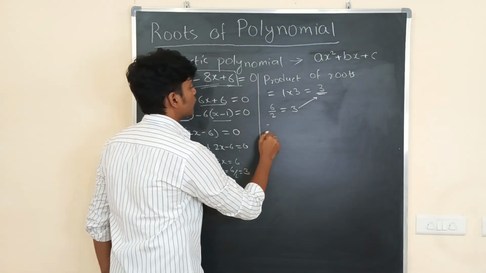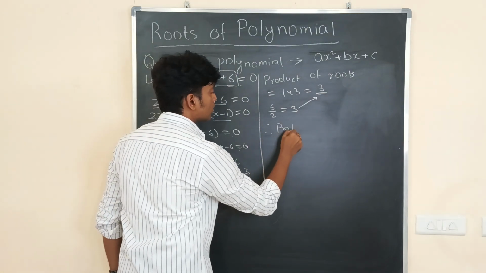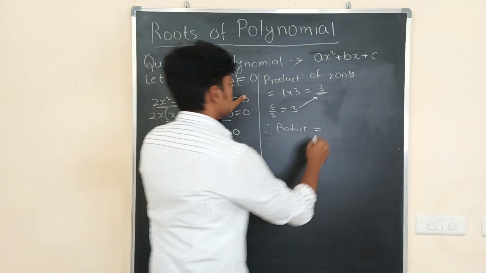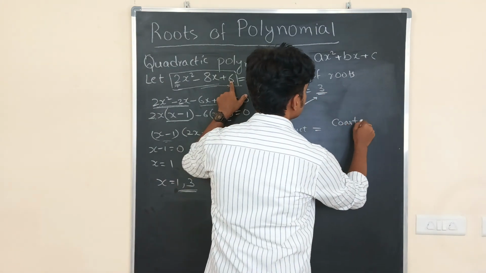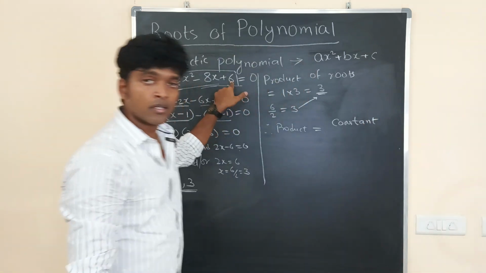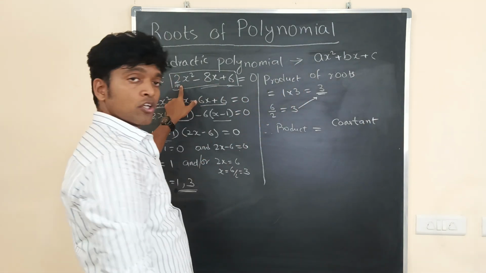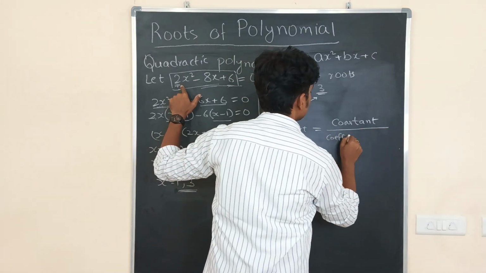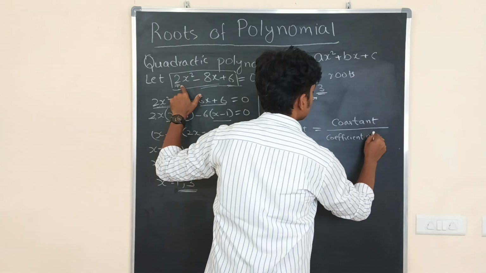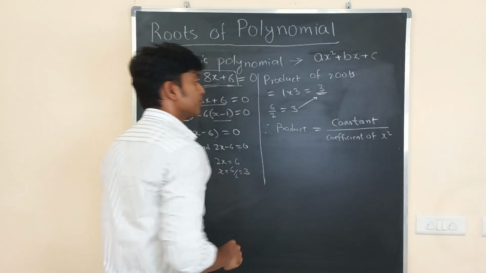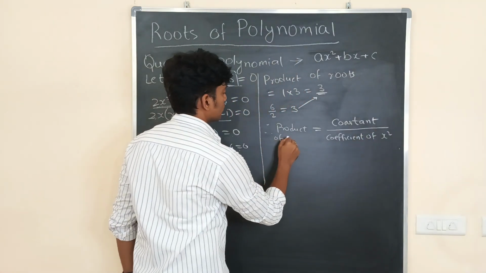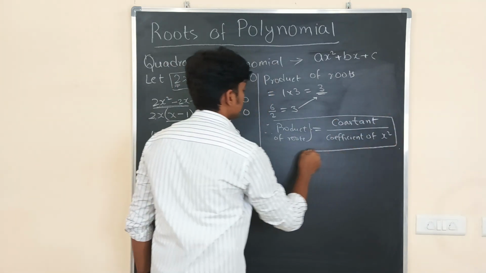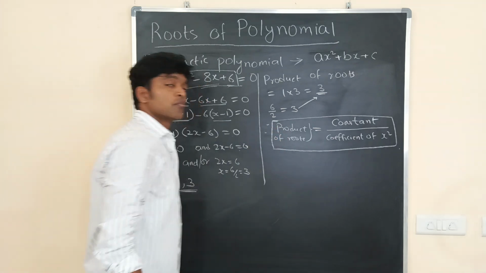Hence, the product is equal to 6, which is the constant, divided by 2, the coefficient of x square. Product of roots is this one. This is the relation for the product of the roots.